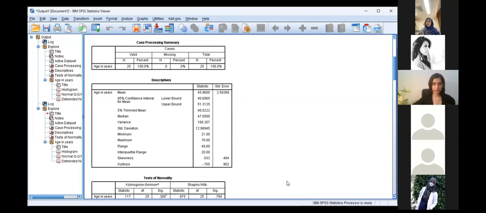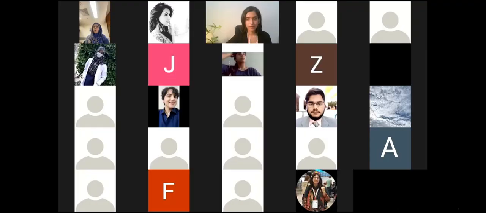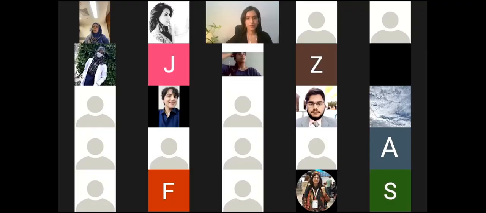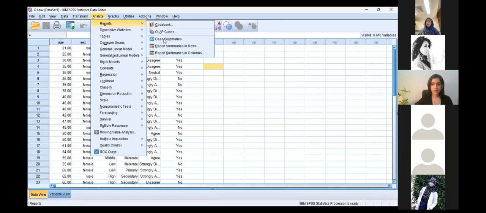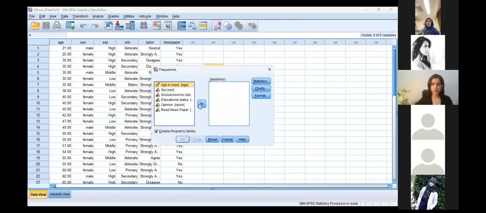Now we can safely take the mean and standard deviation from here, or you can go to Analyze, then Descriptives, and over here Frequencies, right? You put your age in the variables list.